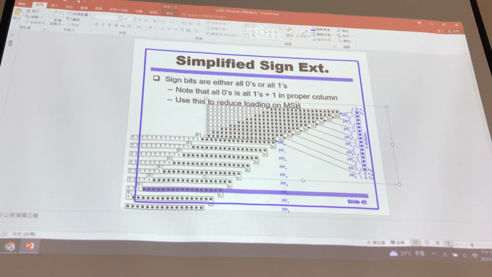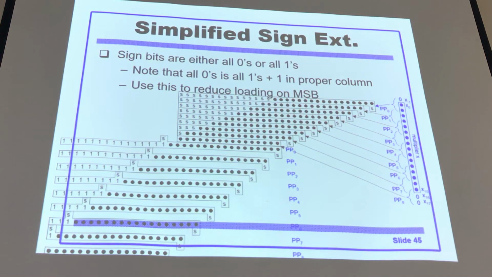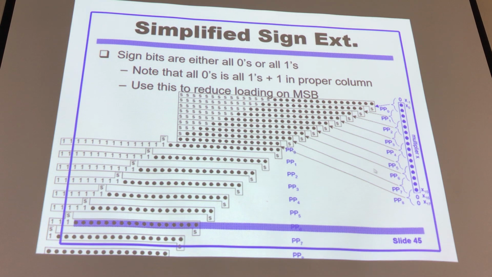Let's compare these two. We claim that these two are equivalent. We can use all 1s to replace the sign bit. The sign bit could be 0, could be 1. But why are these two equivalent?